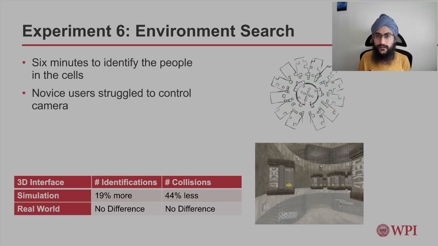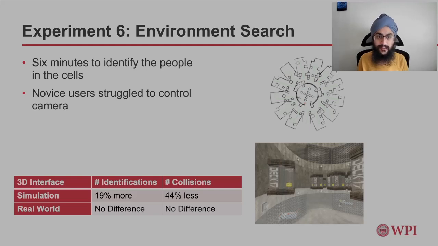And so now we're going to look at experiment 6, which was an environment search task. Participants had to control the robot around an environment and control the camera to look up and down and look at people in the cells, and then provide some information about the people in the cells.